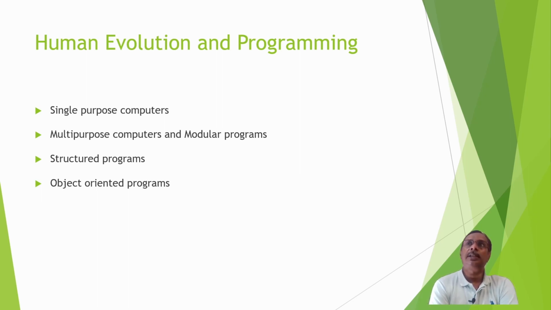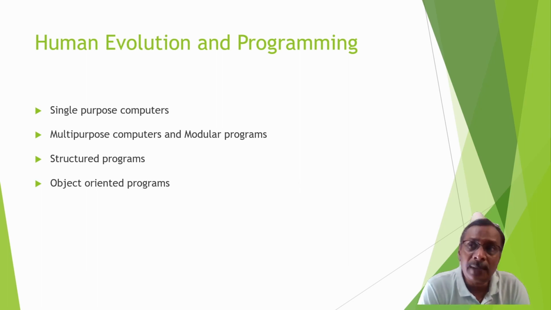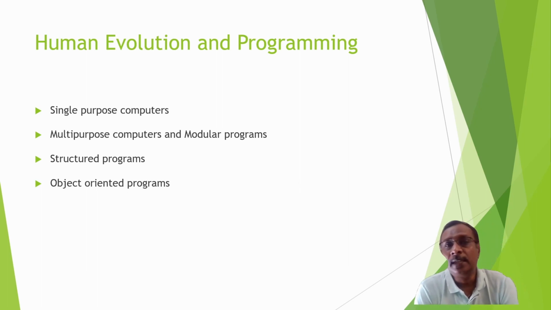So what is an object-oriented program? Compare this. After a human started growing his own food, he started saving it for the future, right? Everything he saved became very precious to him. He started saving food, protection gear, weapons, his dress and clothing, and all of these became very essential for him.